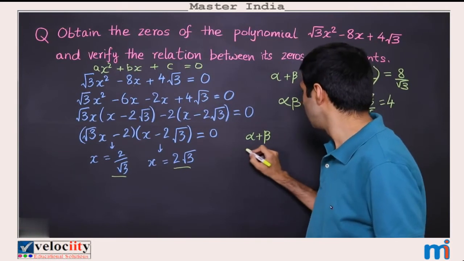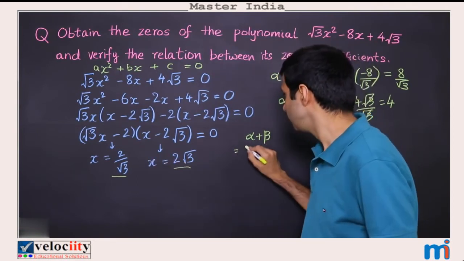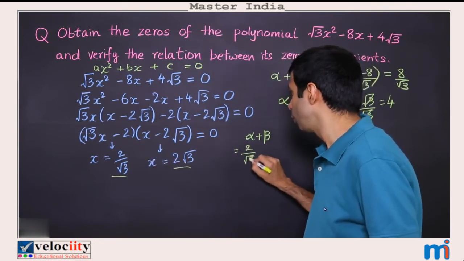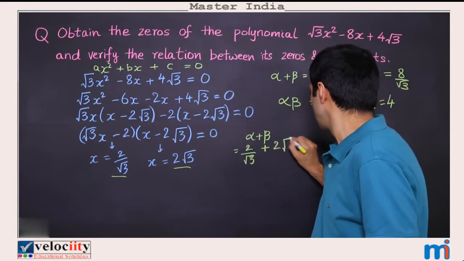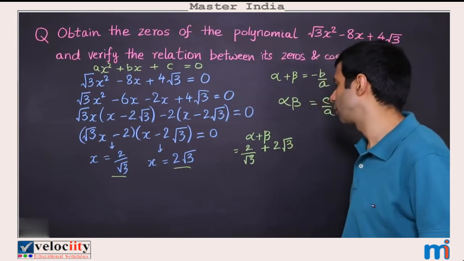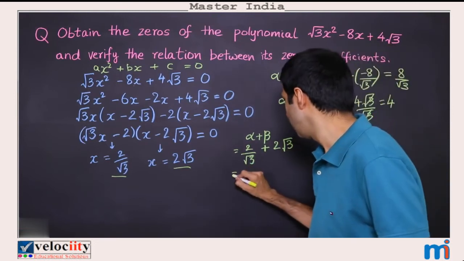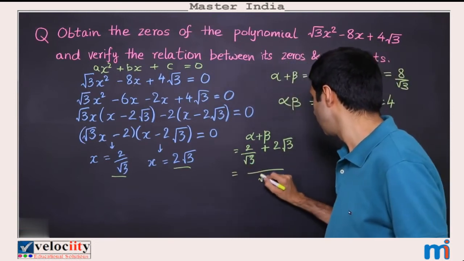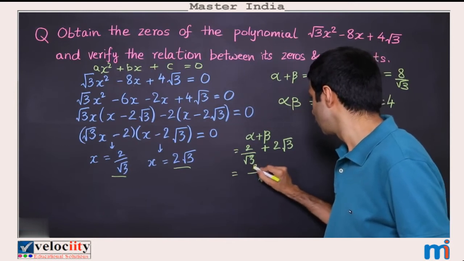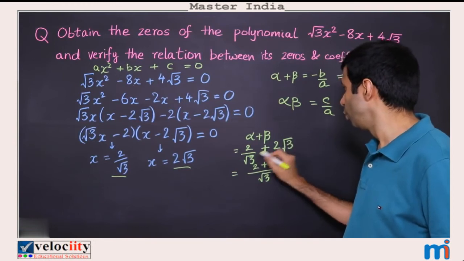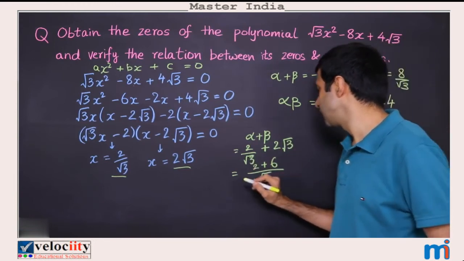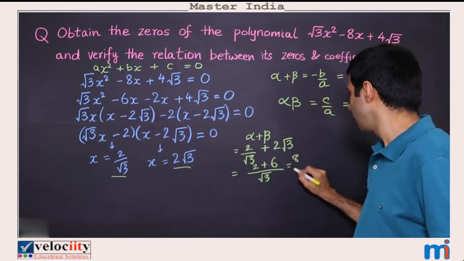So that's going to be 2 by root 3 plus 2 root 3, right? If we take the LCM as root 3, so 2 plus 2 root 3 into root 3, that's going to be 6, and we are going to get 8 by root 3.